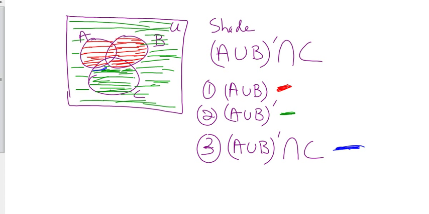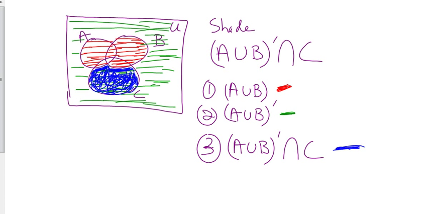So that's going to be wherever the green and the C meet. Okay, but no red. So it's the blue, right? So it's just that piece of C that's just C by itself, right? Not C intersecting with anything.